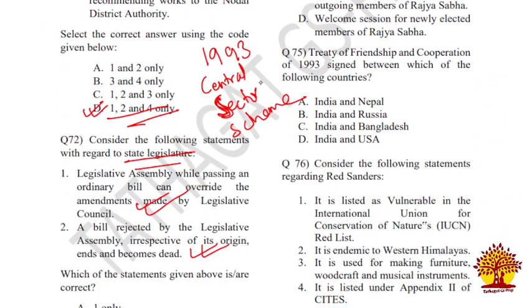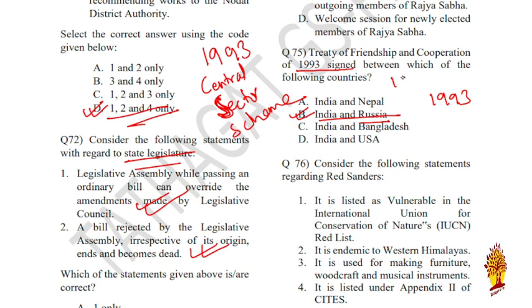Next, 75th, the Treaty of Friendship and Cooperation of 1993 signed between which of the following countries? Here correct answer is India and Russia. India and Russia signed in 1993 after the collapse of Soviet Union.